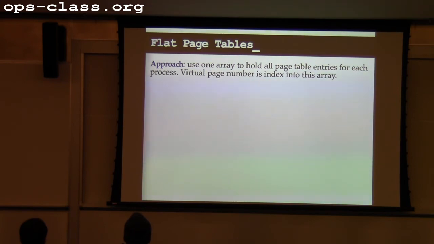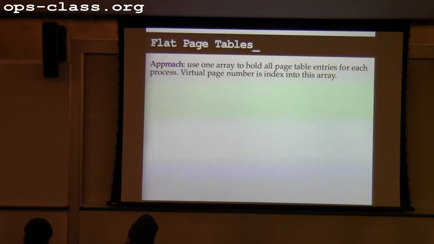All right, so I'll talk about a couple different ways of doing this, and we'll talk about some of the trade-offs, right? So one approach, I'll just give a hint, this is kind of the straw man approach, potentially, is a flat page table, right? A flat array of page table entries. So let's say our page table entries are 32 bits, right, 4 bytes.